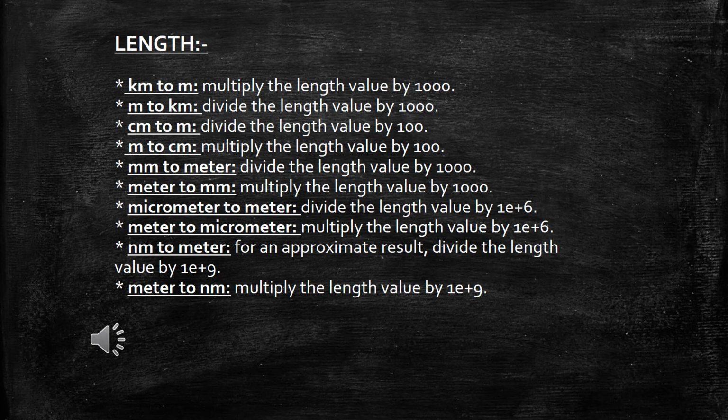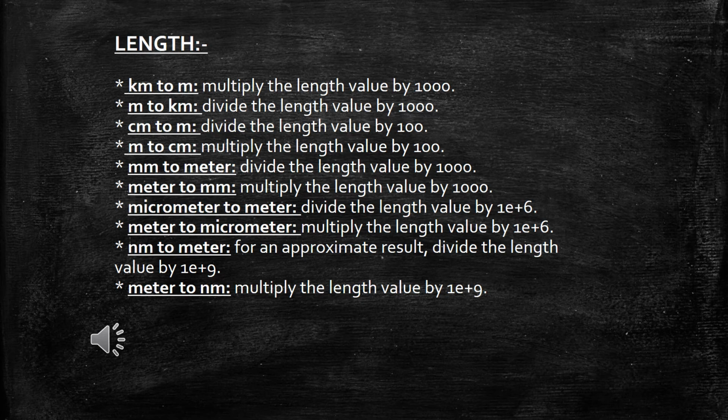Now the seventh point is that if the length is given in micrometers and you have to convert it into meters, you divide the length value by 10 exponent 6. And if the length is given in meters and you have to convert it into micrometers, you multiply the length value by 10 exponent 6. Then the second last is nanometer to meter.